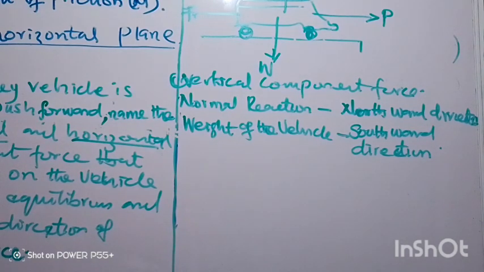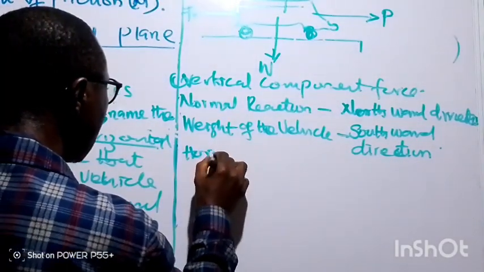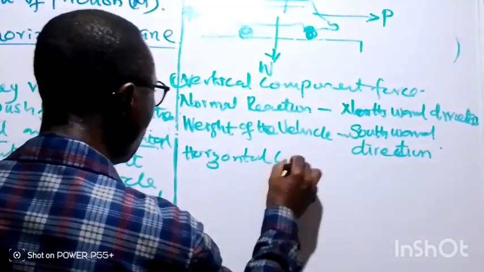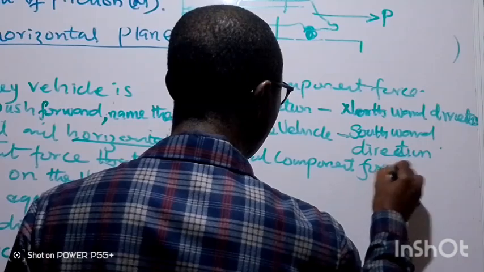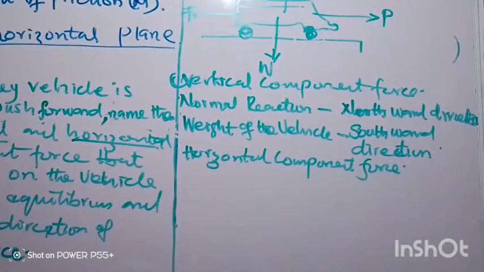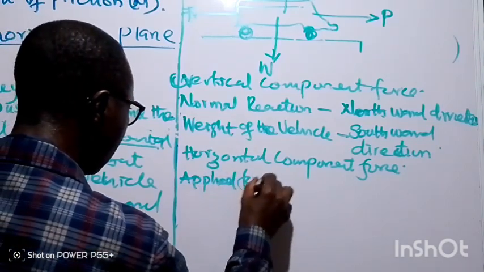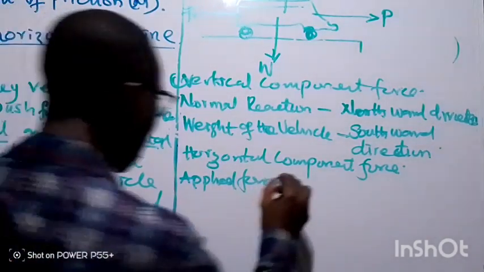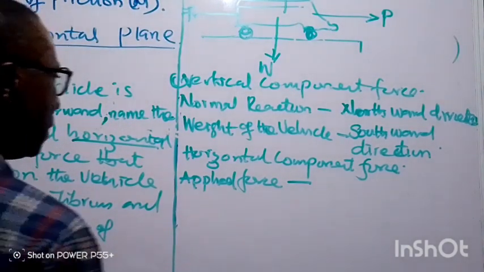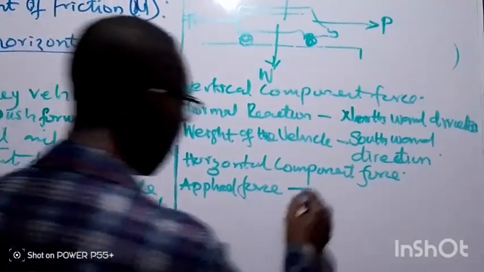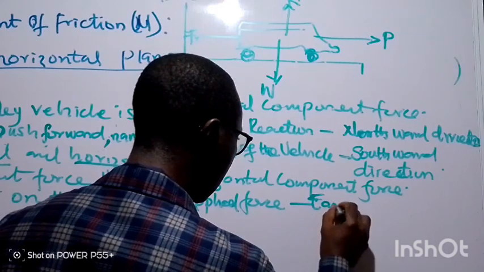Then, horizontal component force now. According to the diagram, the first one is the applied force. And the direction of this one is eastward.